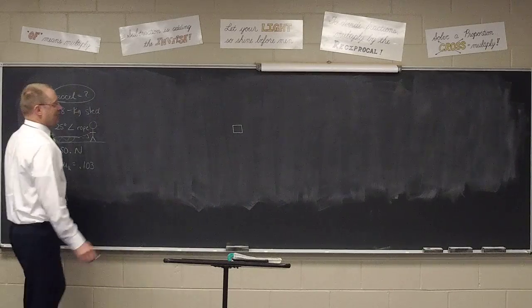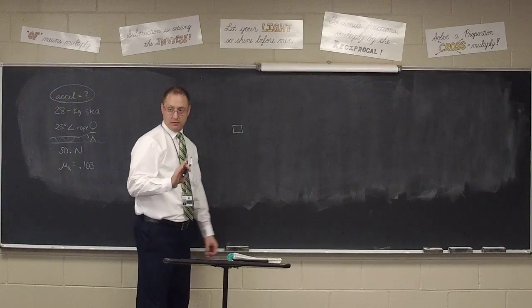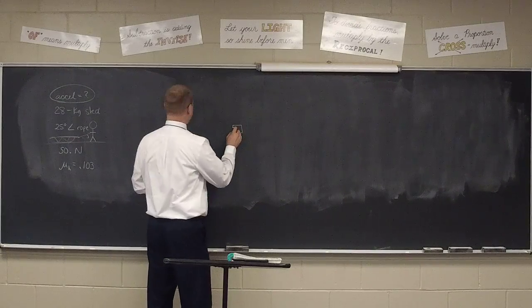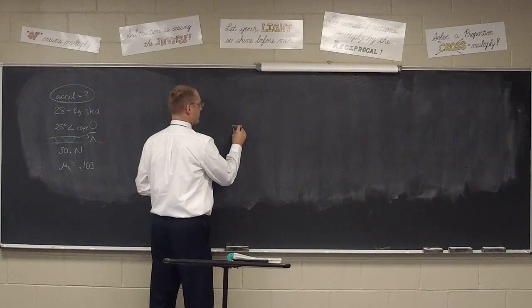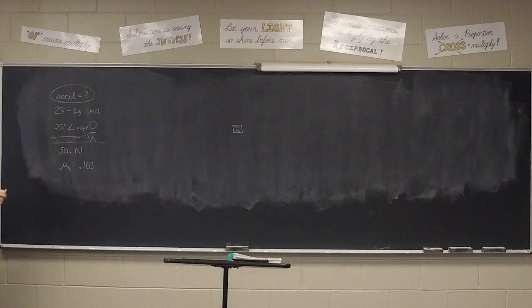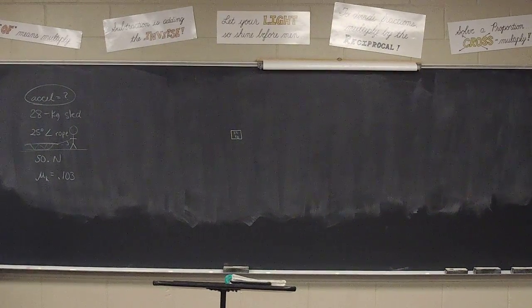Now, the upside of a box for the sled is that you can write inside the box. A dot gives you nowhere to write. I'm going to write inside the box, real small, 28 kilograms. That's the mass of the sled. That's a number that I'm going to come back to later.